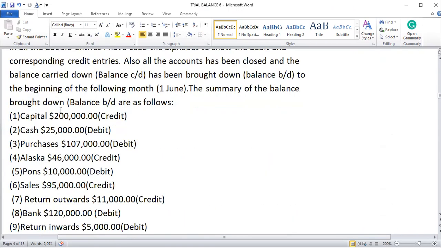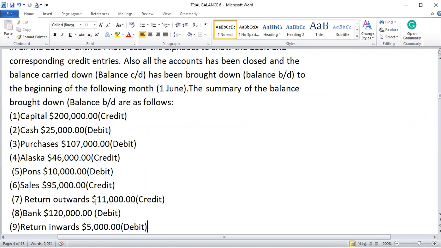So the capital account is a credit balance, $200,000 credit balance. Cash, $25,000 debit balance. Purchases, $107,000 debit balance. Alaska account, $46,000 credit balance. Ponds Limited, $10,000 debit balance. Sales, $95,000 credit balance.